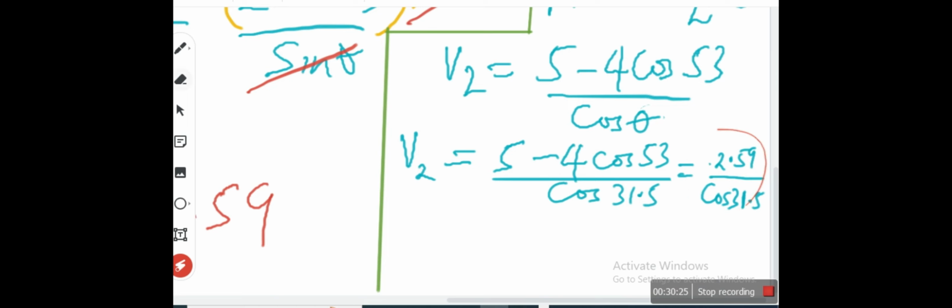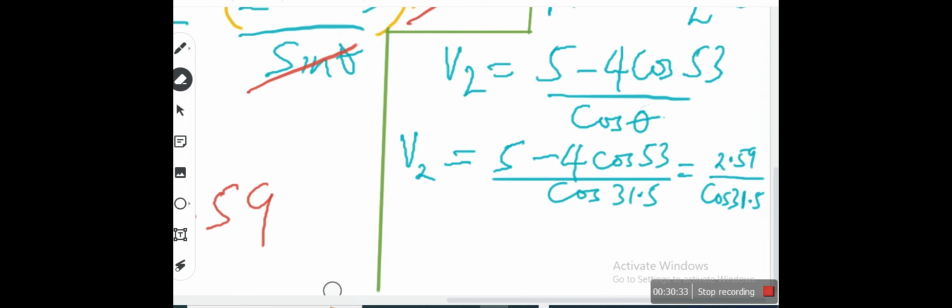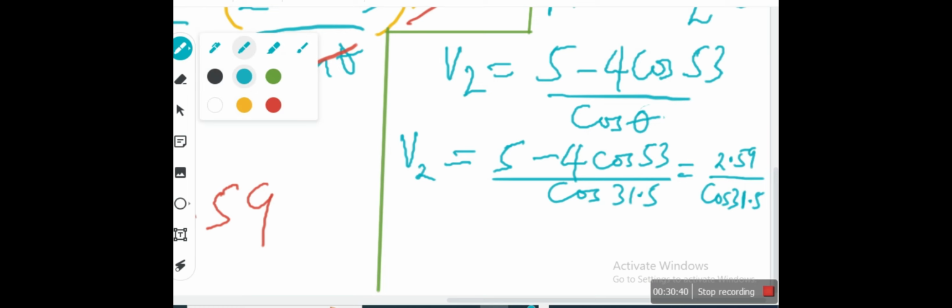Simplify this. 2.59 over cos 31.5 is equal to what? 3.03. So V2 is 3.03.